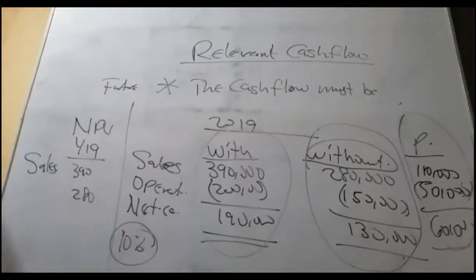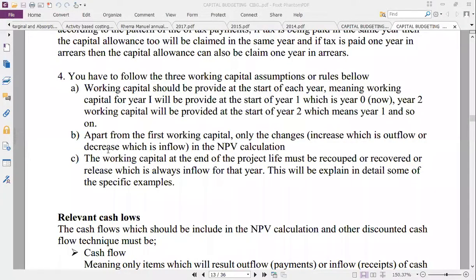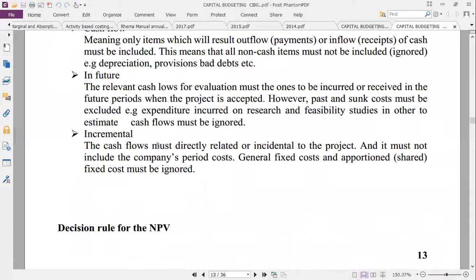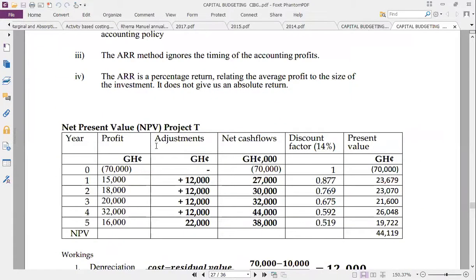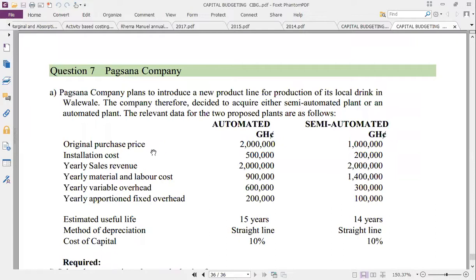So I'll solve the last question in the handouts. Good. So we are solving this.